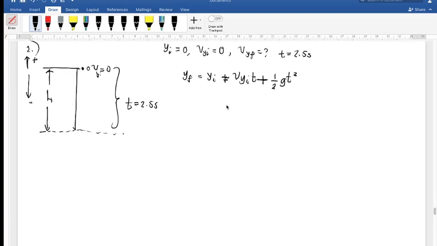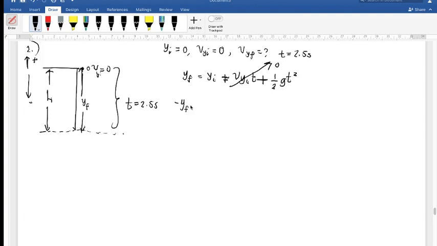Okay, so next, so vyi is 0, so the second term goes to 0. Okay, so yung yf mo is actually the height of the building. So ito yung yf mo kasi. So yf is the height of the building. Okay, so that is actually negative, so we can put that one as negative yf.